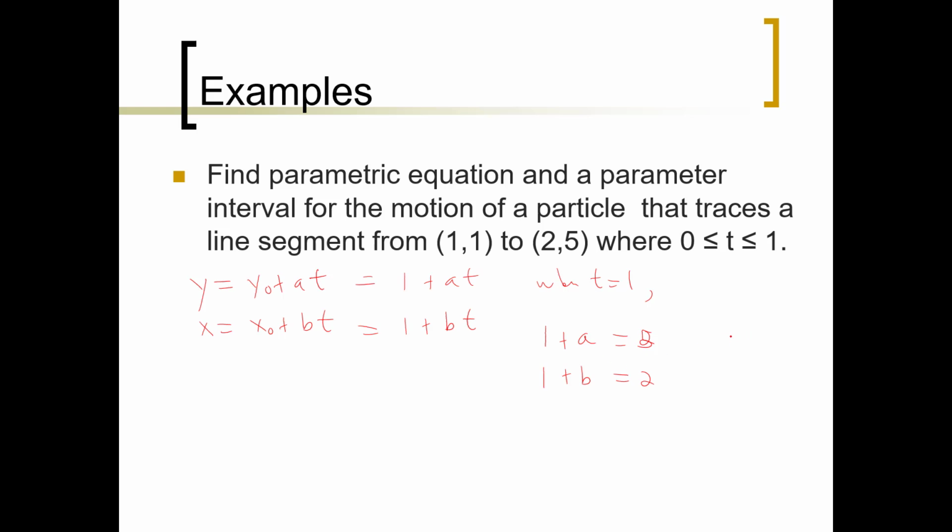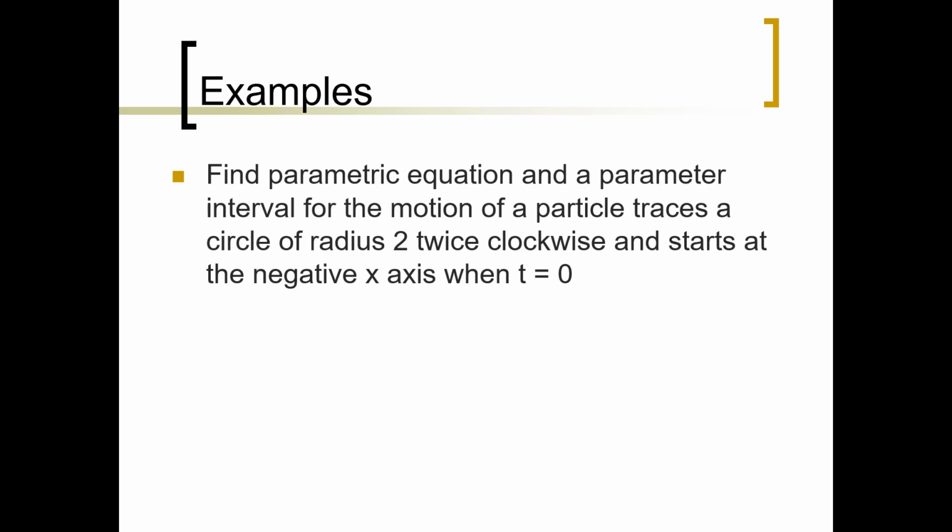Looking at those equations, you get that a has to be 4 and b must be 1. So the equations are x equals 1 plus t and y equals 1 plus 4t over the interval from 0 to 1. That's to trace out the straight line segment going from (1, 1) to (2, 5) as the parameter goes from 0 to 1.